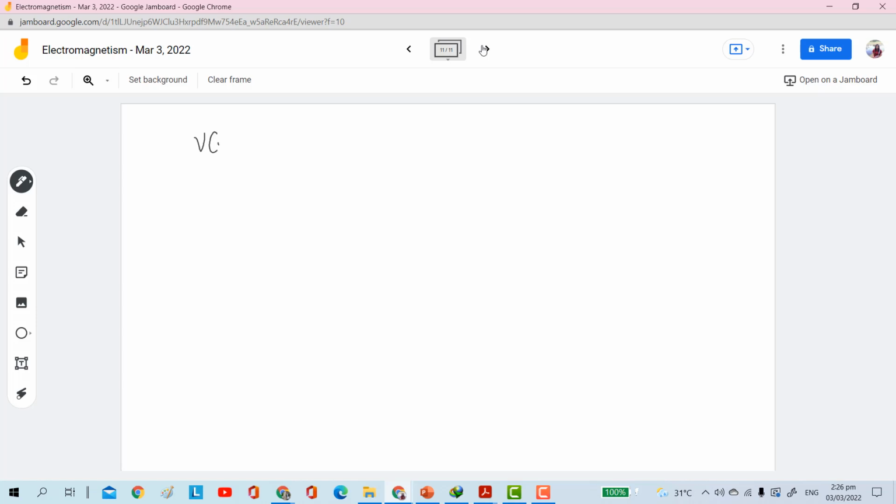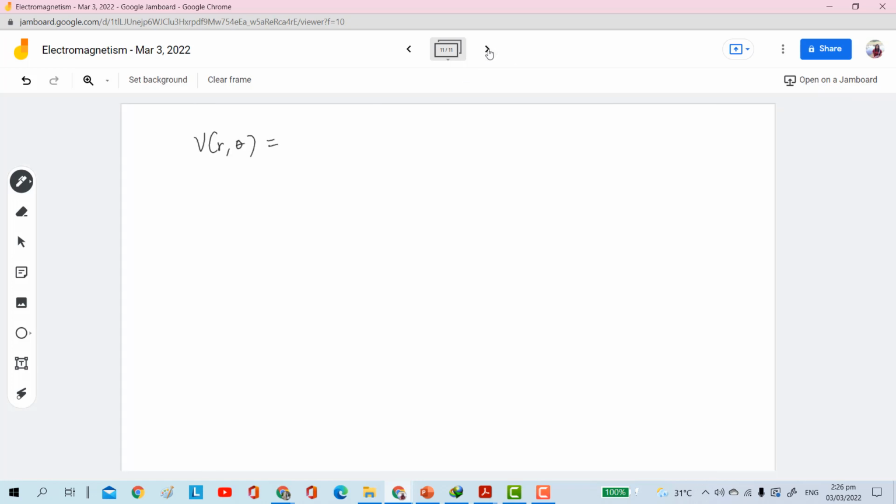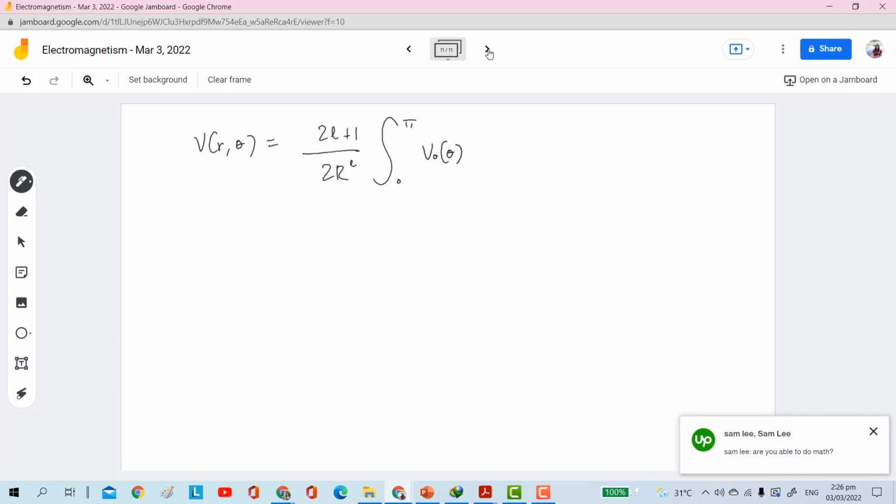So, you have V as a function of R and theta equal to A sub L, where A sub L is equal to 2L plus 1 over 2R raised to the power of L multiplied by the integral from 0 to pi of V naught, a function of theta, times P sub L cosine theta, sine theta d theta.